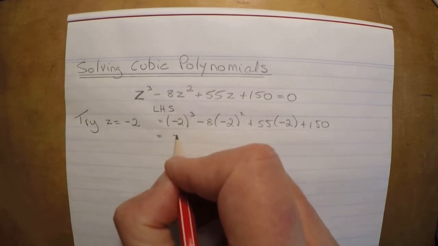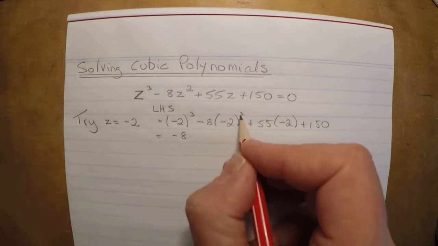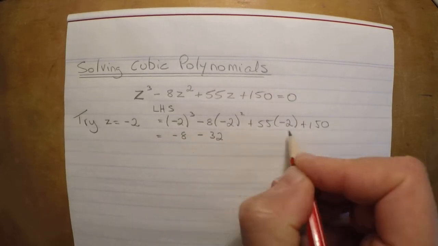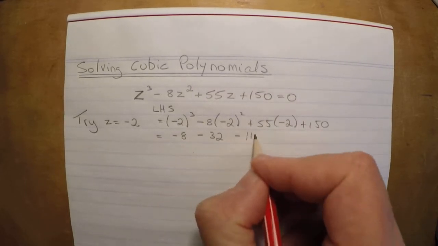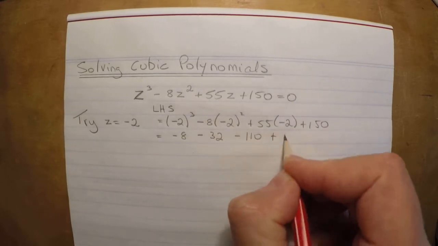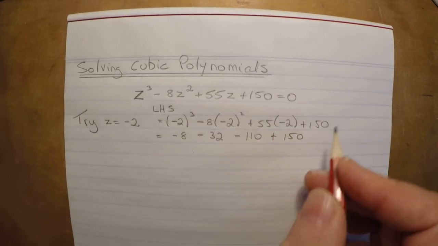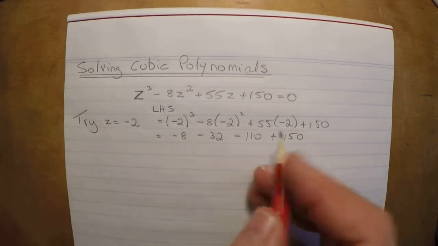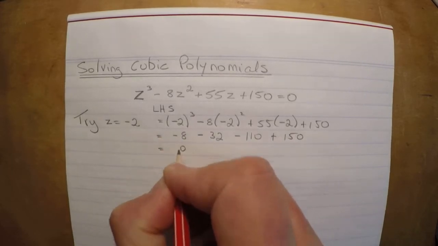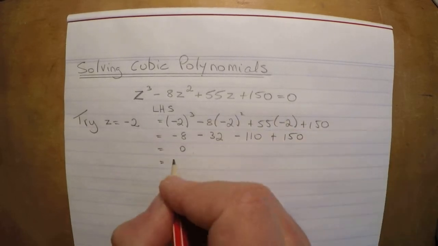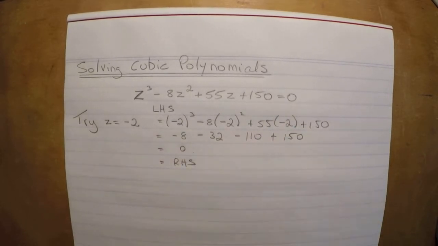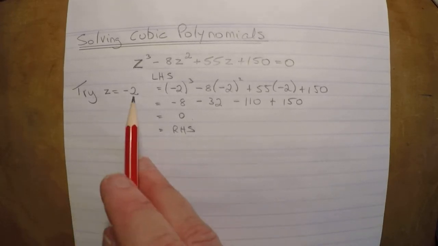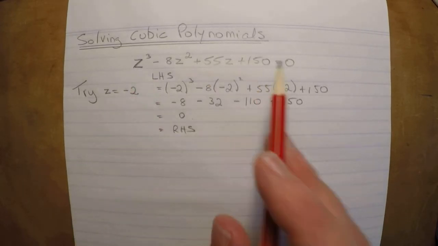Now -2 cubed is -8, -2 squared is 4, 4 times that is -32, minus 110 plus 150. Now we can see that this and this add to -40, -150, altogether that comes to 0, and so that does equal the right hand side of the expression. We've just managed to show that -2 is a zero of the equation.